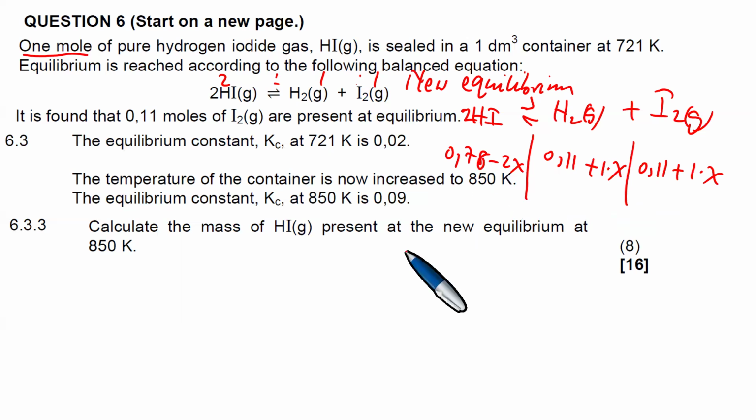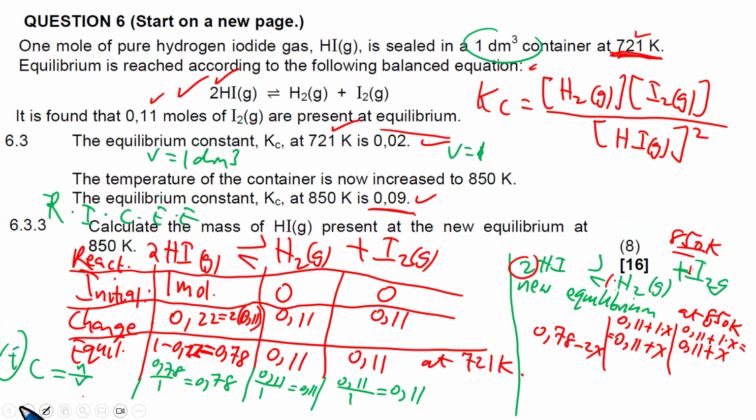With this, we are able to continue and solve this. So now we have the new equilibrium concentrations. It's the ICE table. We did it together there, messy, but yeah.